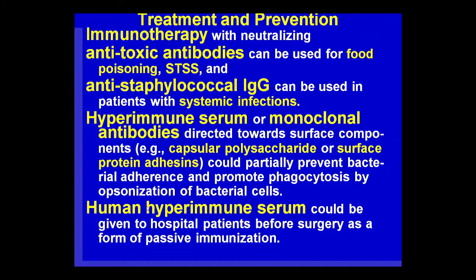These are used in some long-term chronic systemic infections, and these will be antibodies that bind with the surface of staphylococci themselves. It means these are antibodies directed against surface structures of the staphylococcal cell wall, and we need to distinguish them from antitoxic antibodies.